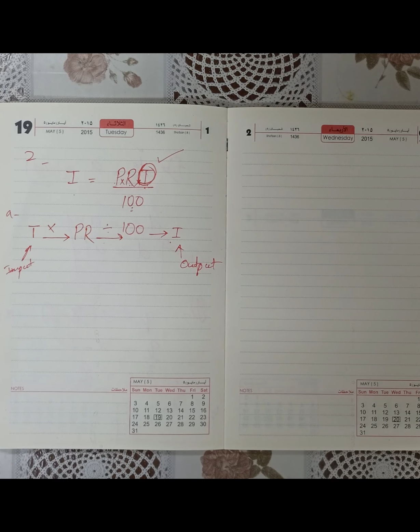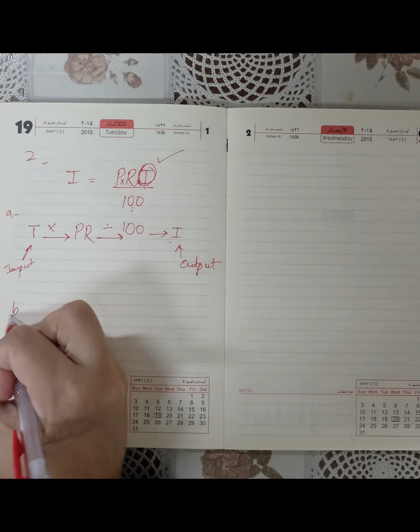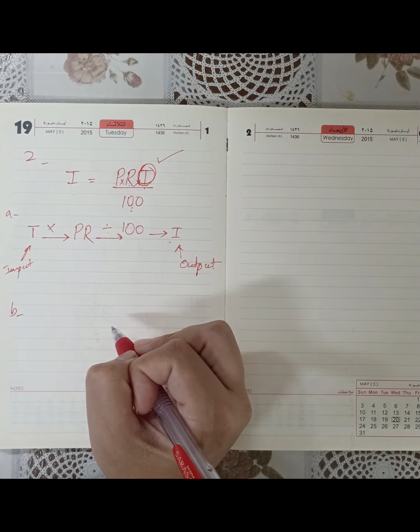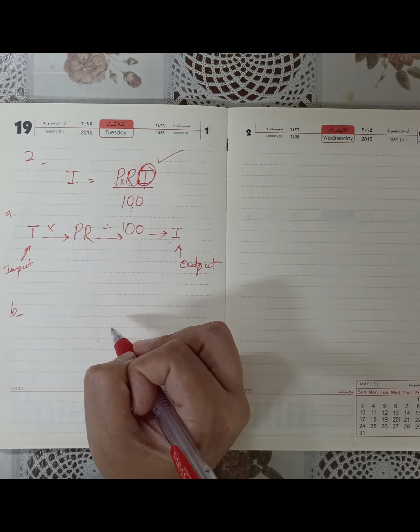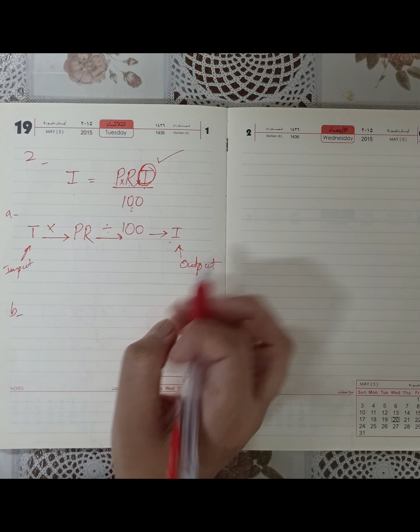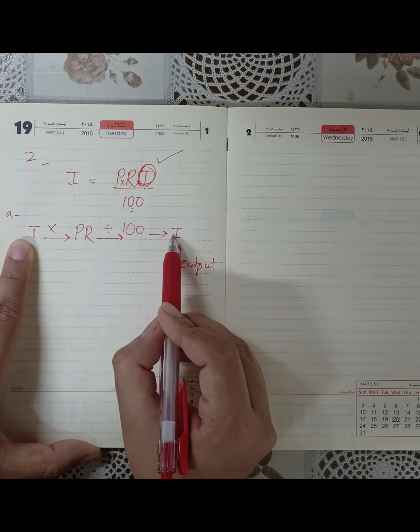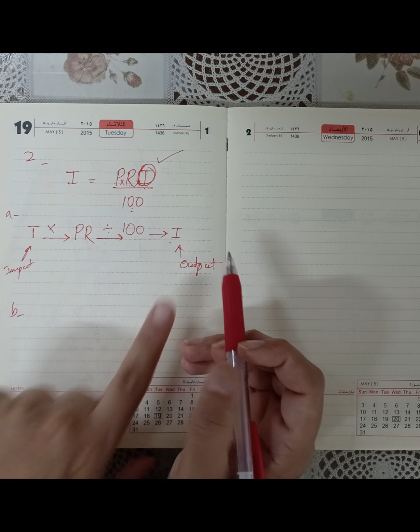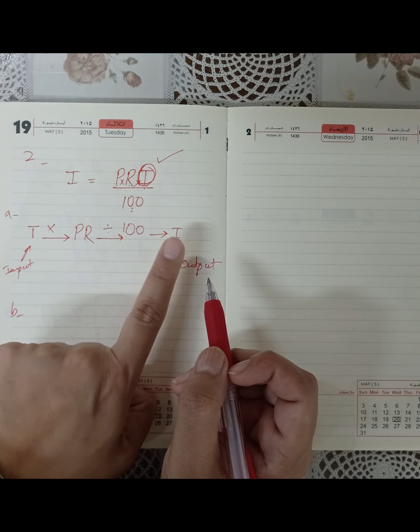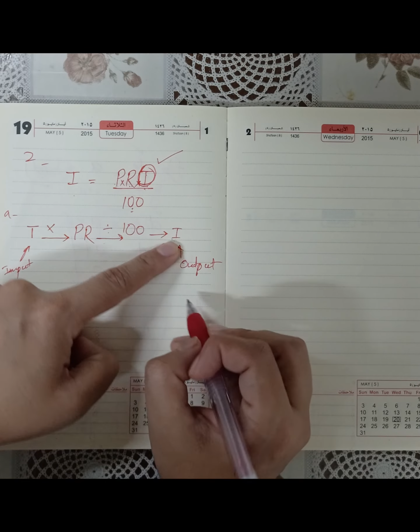So similarly, we have to draw a reverse machine in part B. We have to draw a reverse machine and complete the equation. What we have to do? We started with t last time. Now we will start from the input, so our output will become our input.